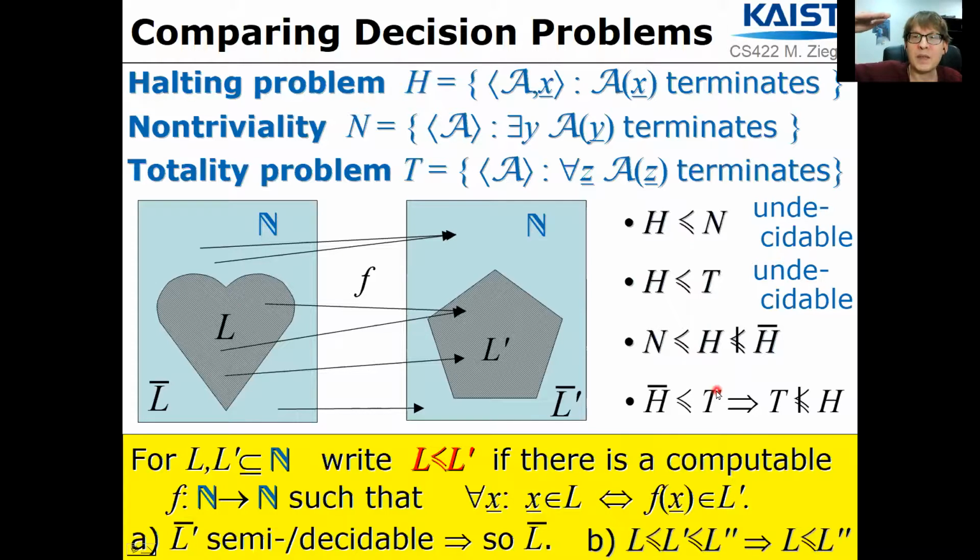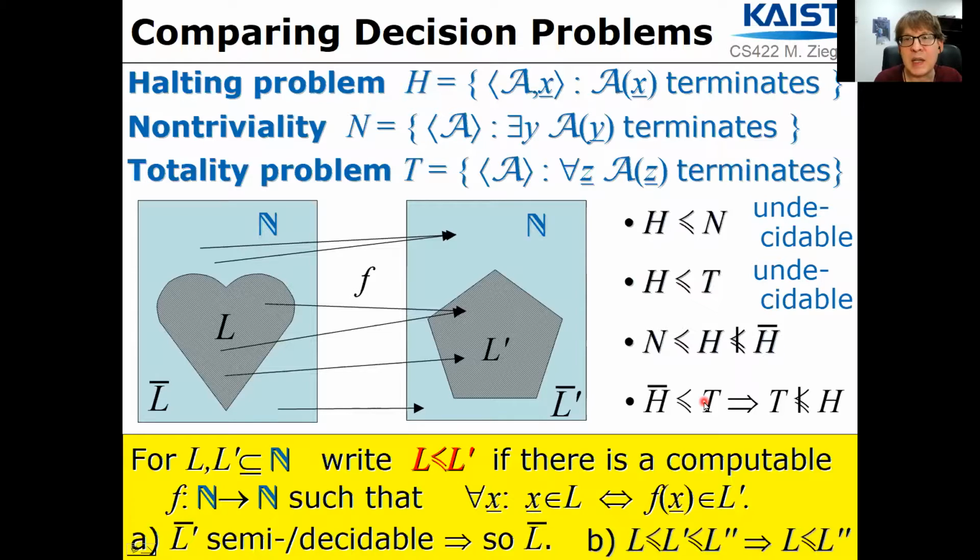And beyond that, we have the totality problem, which is more undecidable and defines its own class. I leave it to later stages in this course to discover even higher degrees of undecidability. I still owe you the proof that the complement of the halting problem is reducible to the totality problem.